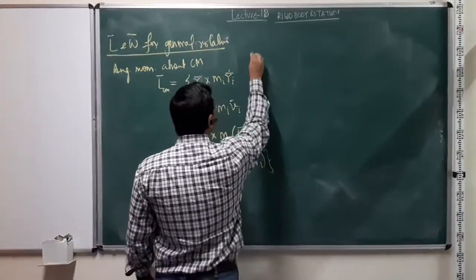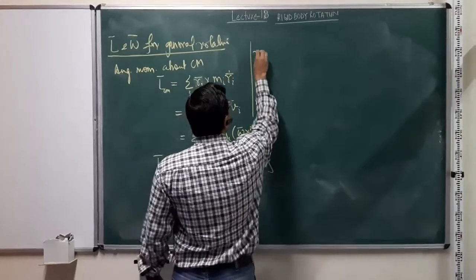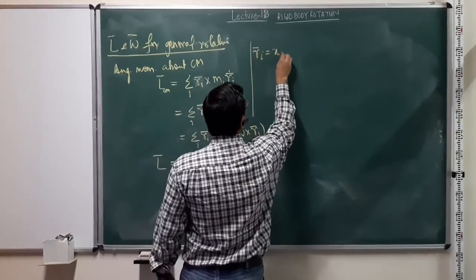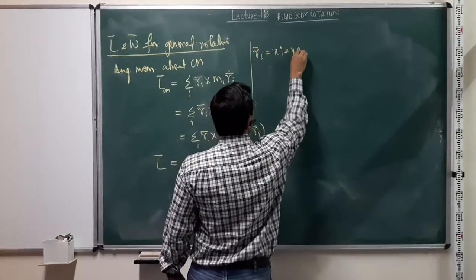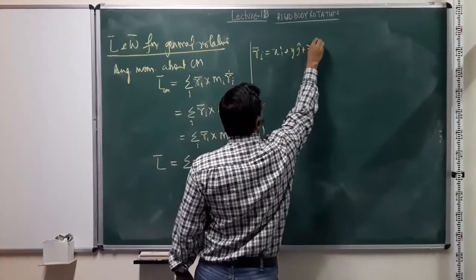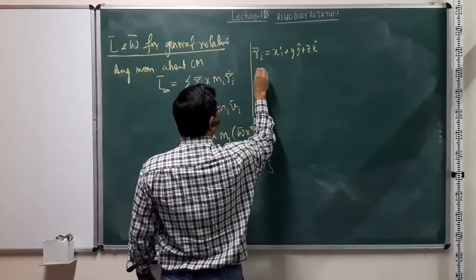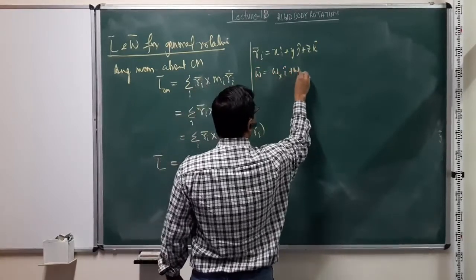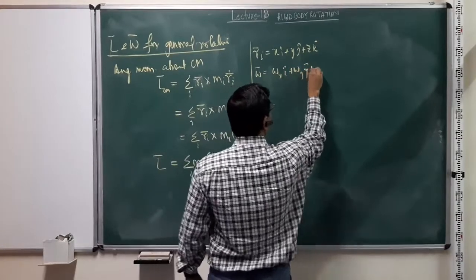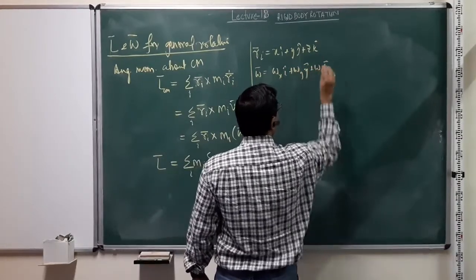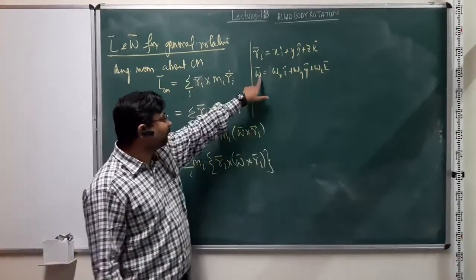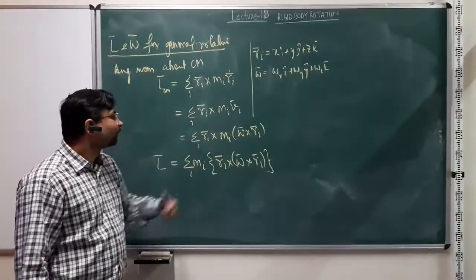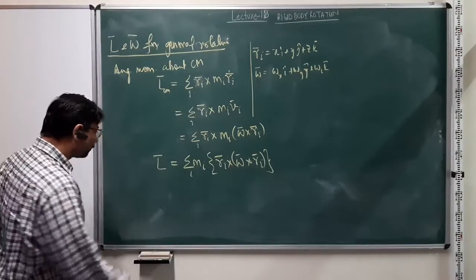So by doing this, what I am saying is, let us take r_i. To do this, you can decompose r_i as x i cap plus y j cap plus z k cap, and similarly omega as omega_x i cap plus omega_y j cap plus omega_z k cap, and we can do this because we have established that omega is a vector, so we can simply write it down in its component form and find this cross product, right?